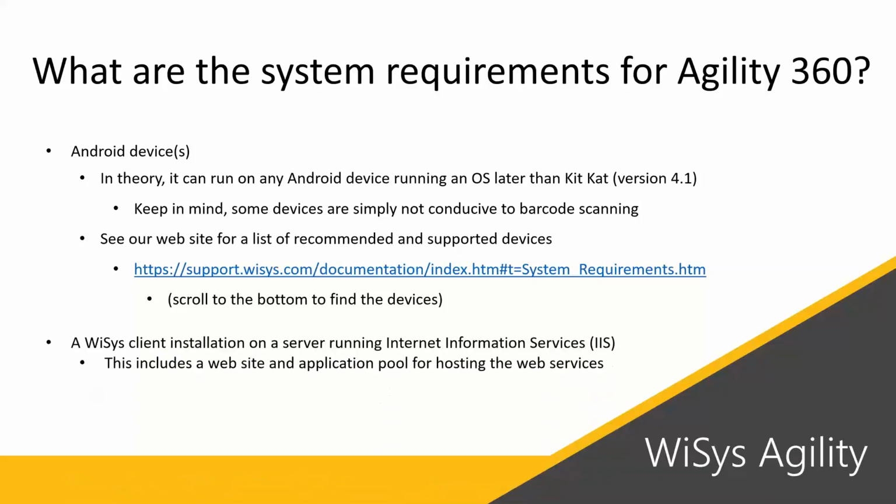So in addition to the device, you need the WiSys client installed on a server running Internet Information Services, or IIS. The IIS server would include a website and an application pool for hosting the web services. We'll talk a little bit more about what an application pool is a little later.